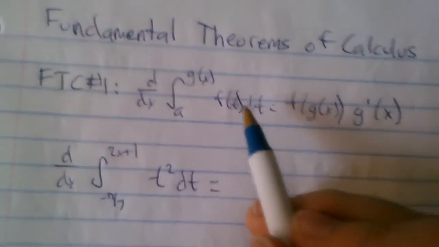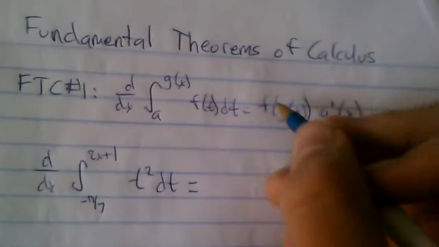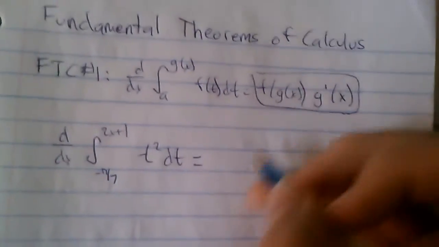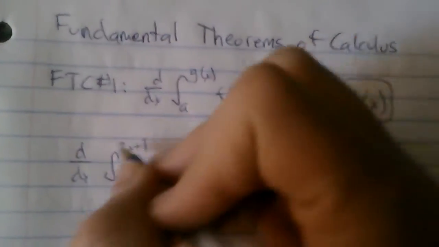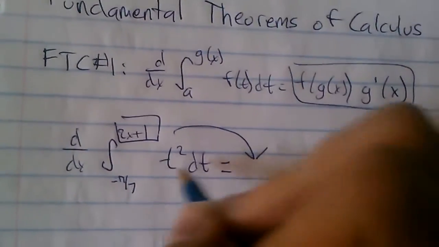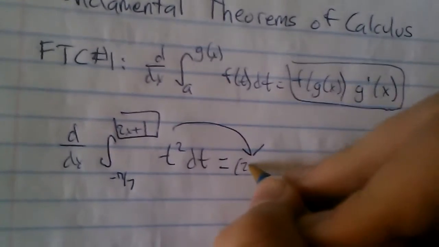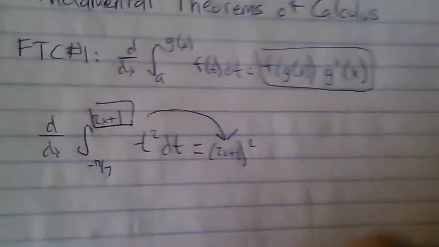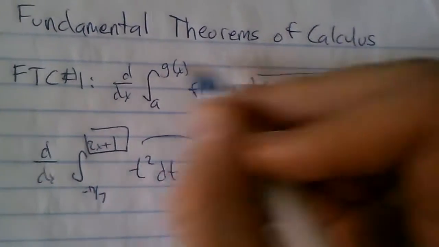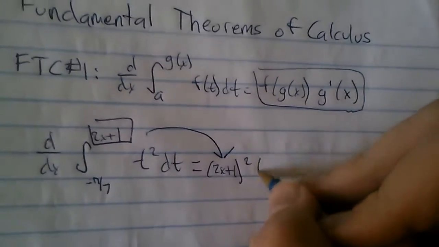Okay, well, this theorem tells us that all of this is going to equal f of g of x times g prime of x. So what is g of x? Well, that's going to be this 2x plus 1 right here. We're going to plug that in to t squared, so it's 2x plus 1 squared. And that'll be multiplied by the derivative of g, which is 2.